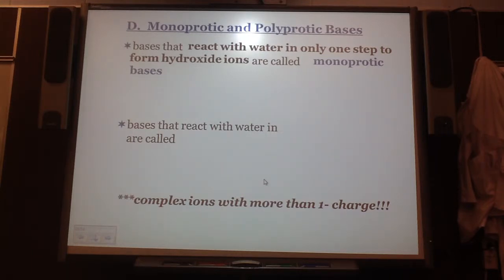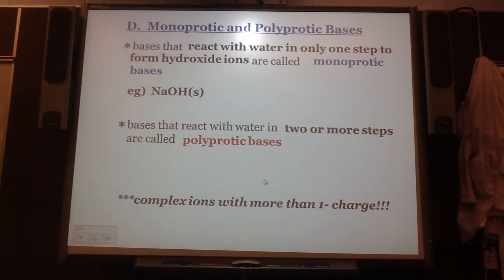Who would have thunk it? So, like sodium hydroxide. Bases that react with water in 2 or more steps are called polyprotic bases.